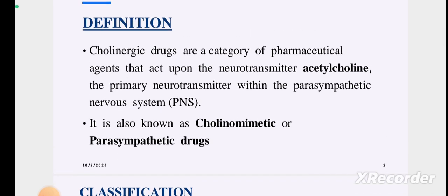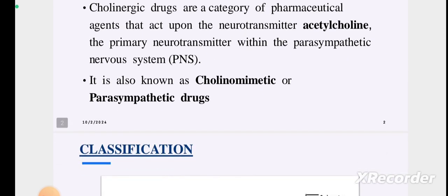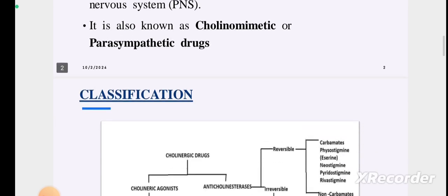The parasympathetic nervous system works in the rest and digest position. It is also known as cholinomimetic or parasympathetic drugs. So we should remember the name parasympathetic drugs.